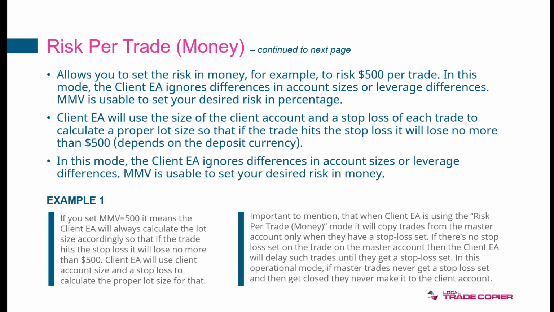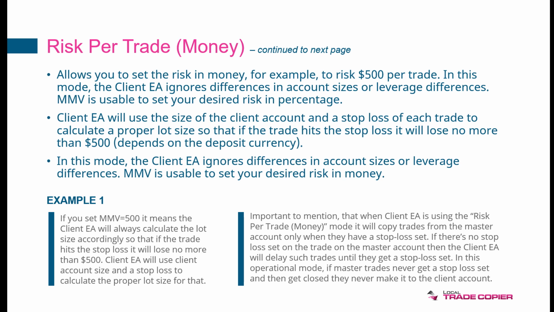In this mode, the client EA ignores differences in account sizes and also ignores all differences in leverage. With MMV you set the desired risk in money. I see it's a typo, it says percentage, but it's the desired risk in money. So in this case, you would enter 500.